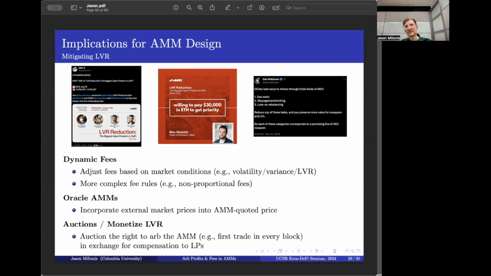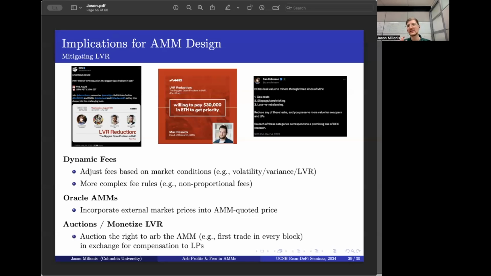The first is the approach of dynamic fees: the idea that you can adjust the fees that everyone pays based on the market conditions you see, for example the realized volatility, the price variance, or the realized LVR if you've measured it some other way.